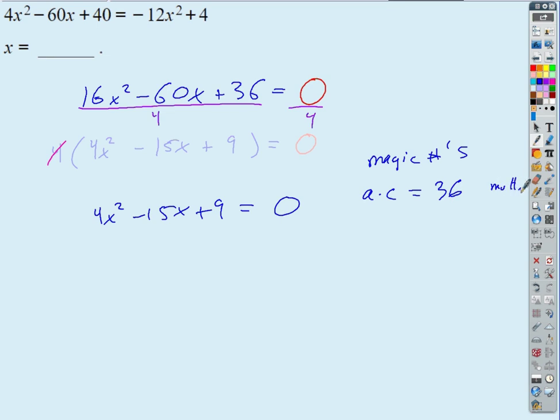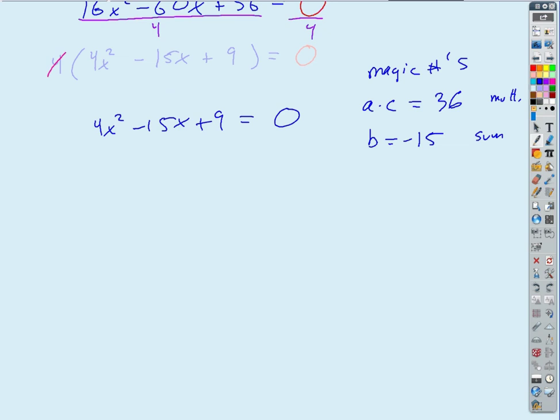And they have to add to b, which is negative 15. So that's going to be the sum of the magic numbers. I got to find those two. So what numbers multiply to positive 36 and add to negative 15? Negative 12 and negative 3 are my numbers, aren't they?